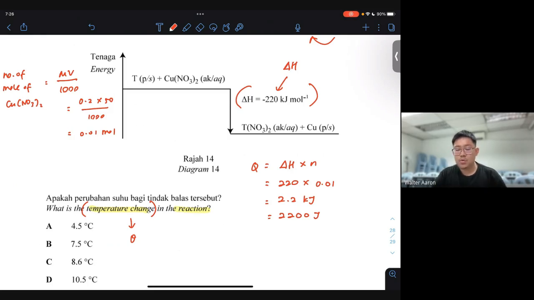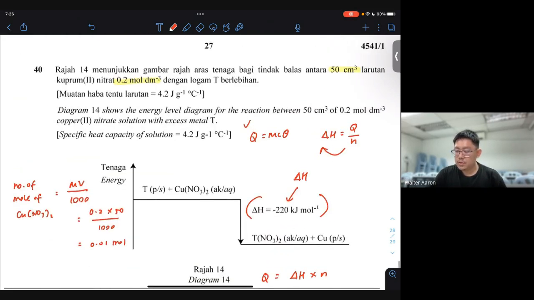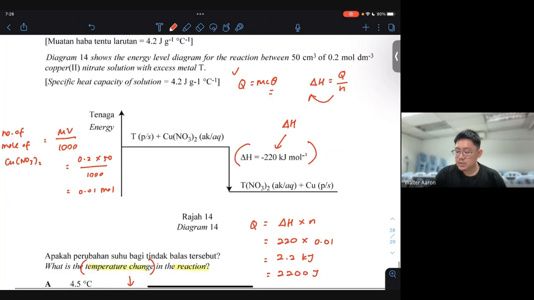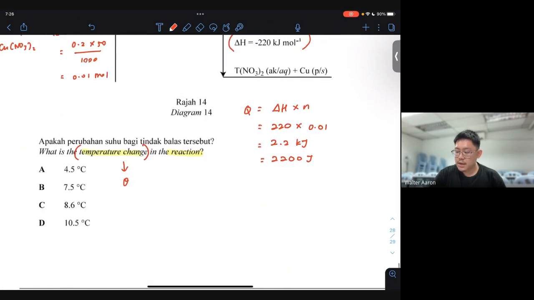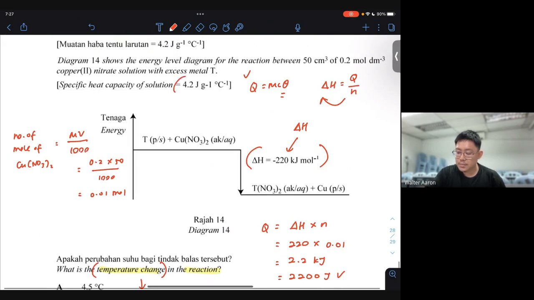After we get Q, we have to find out what θ is. Since Q is equivalent to mcθ, to get θ, making it the subject, it will be Q divided by mc. We got Q already, no problem. We also have c already, because the specific heat capacity of water is a constant.